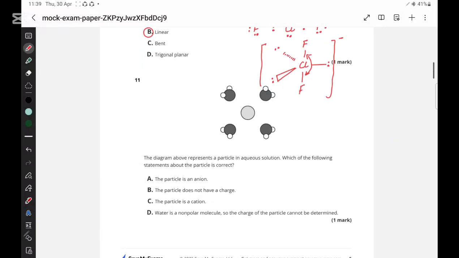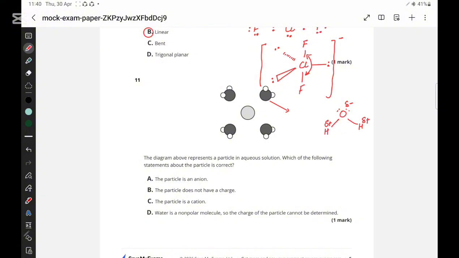Next question: the diagram above represents a particle in aqueous solution. Which of the following statements about the particle is correct? First of all, they are basically dissolved in water, and you can see this bigger one is water, having this structure: oxygen with lone pairs, partial negative charge on oxygen, and partial positive charge on each hydrogen.